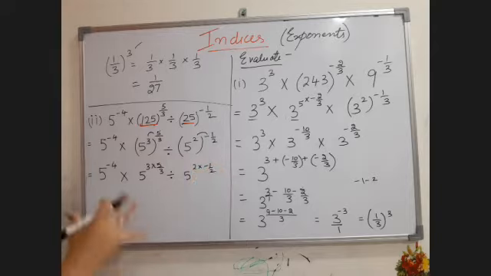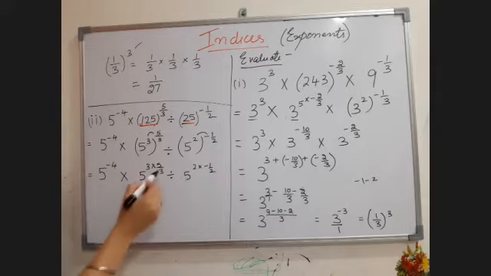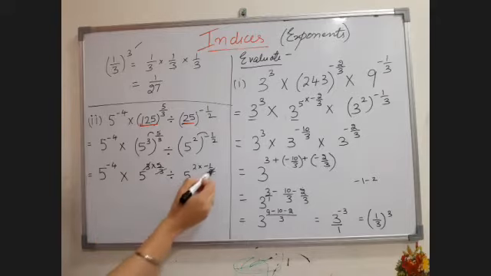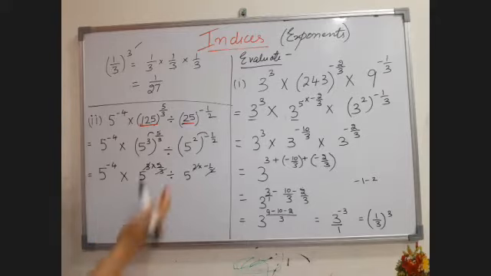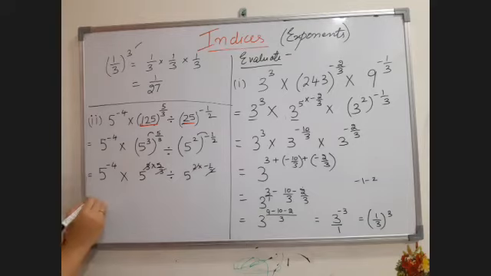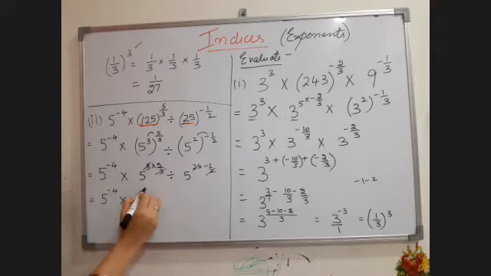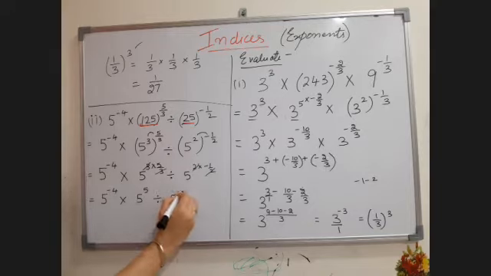Can anyone tell me what I should do here? We should cancel 3 and 3, ma'am, and 2 and 2. Yes, so these numbers can be easily cancelled. Same numbers, multiplication is there, so we can cancel. Now I'm left with 5 to the power minus 4 into 5 to the power 5 divided by 5 to the power minus 1.